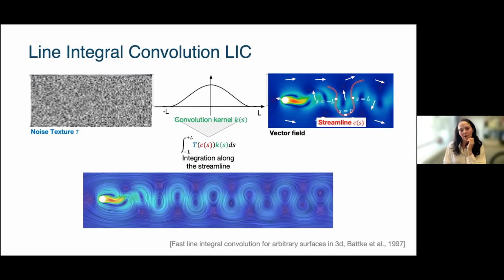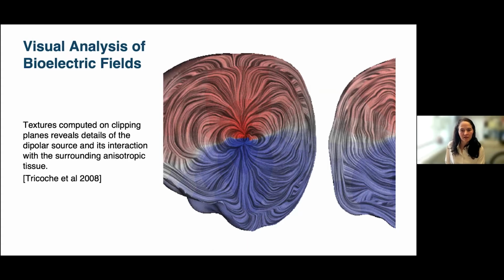So it's actually a very popular method if you're really interested in surface flow or in representation on a surface. I also have here an example for an electrical field. This is a slice through the brain where this dense representation gives you an overview about the field behavior inside of the brain.